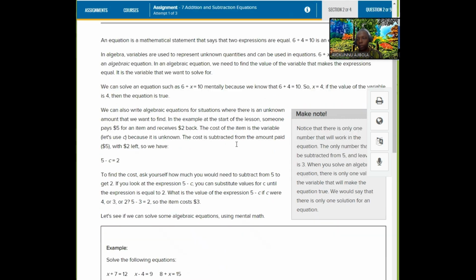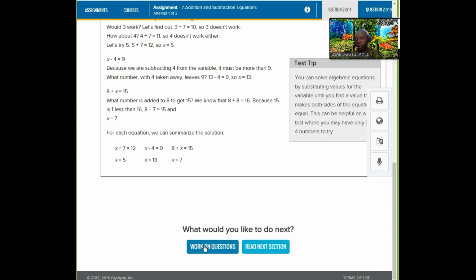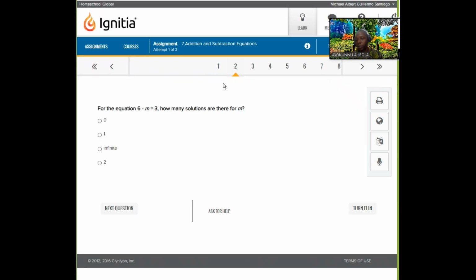Then the next question: for the equation 6 minus m equals 3, how many solutions are there for m? M must be a number and m must be 3. So there is only one solution, okay?